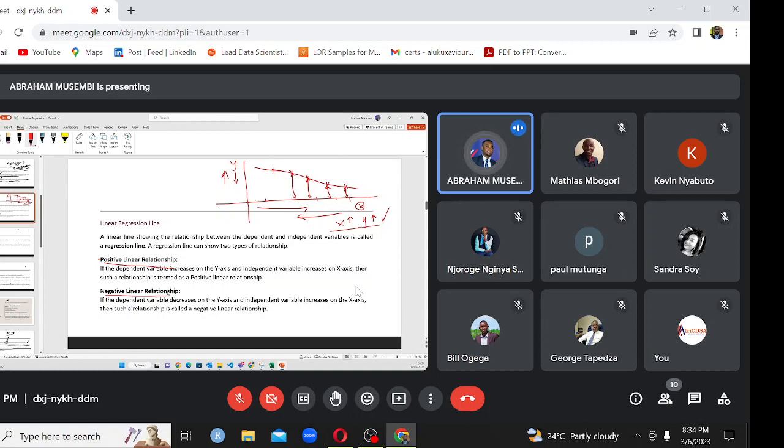Okay, so let's summarize this with the notes here. A linear line showing the relationship between a dependent variable and an independent variable is called the regression line. Remember, our independent variable is x, and our dependent variable is y. Let me do a better model.